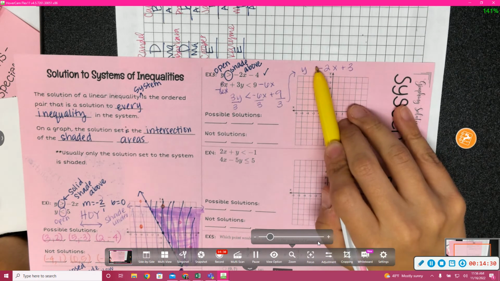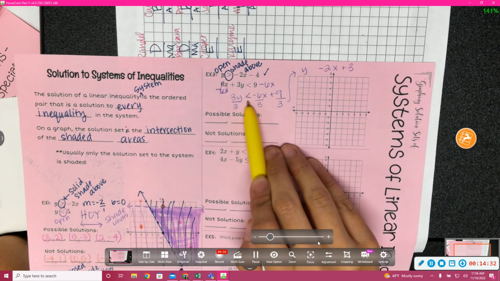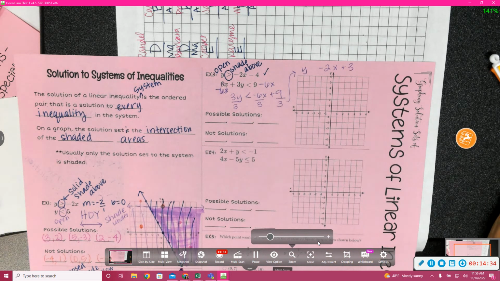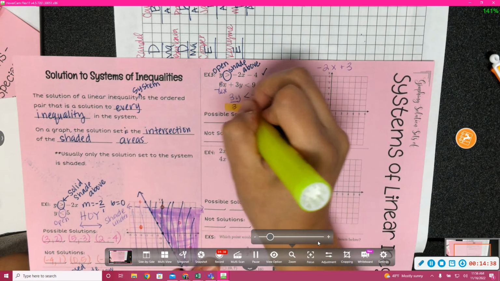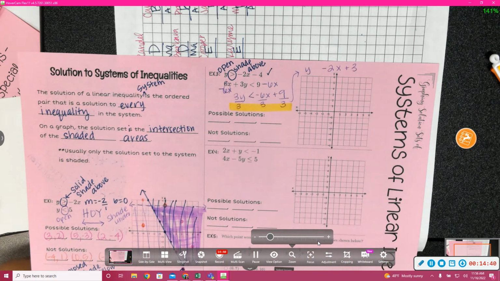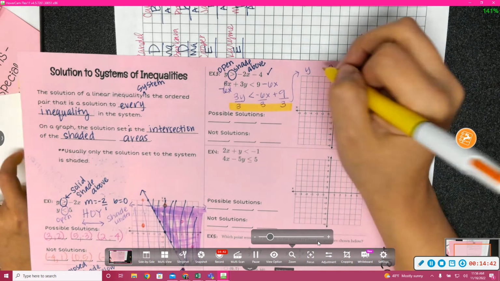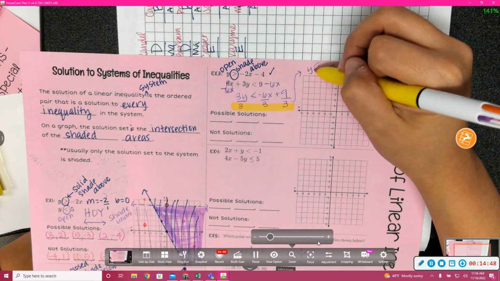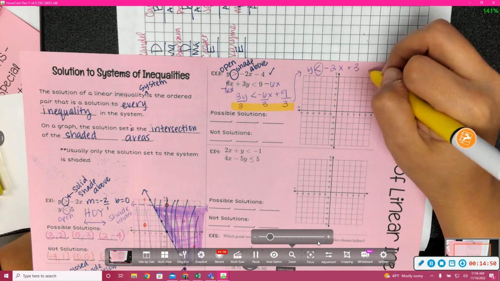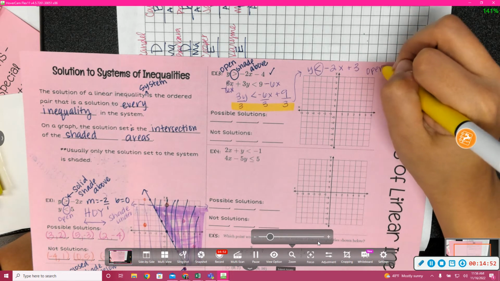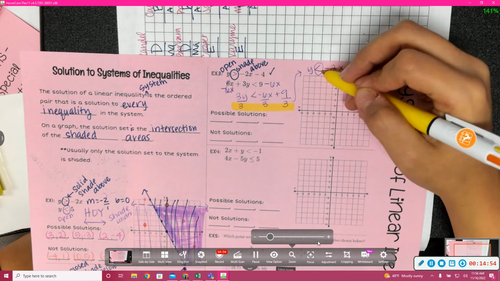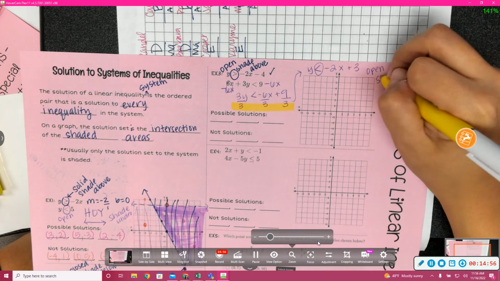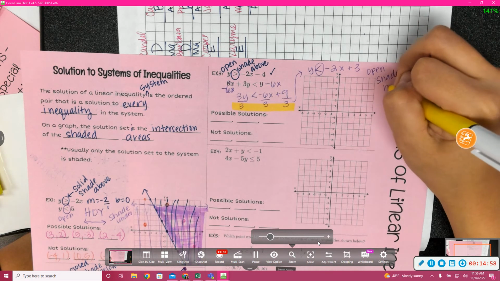Notice I didn't put my sign in. That's because I'm dealing with inequalities. So I always, always, always have to check. What did I divide by? I divided by a +3, which means my sign stays as it is. Does not change. So now that I have that information, I know that this is going to be open. And y less than x means you shade below.